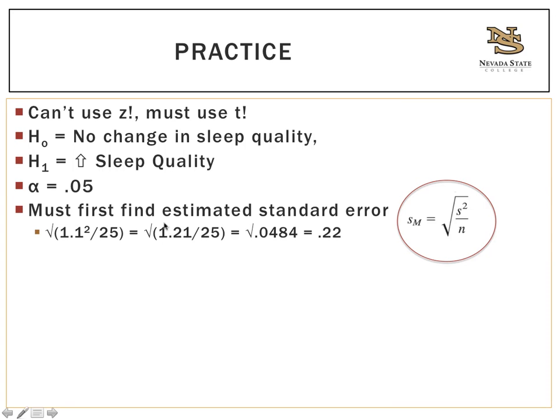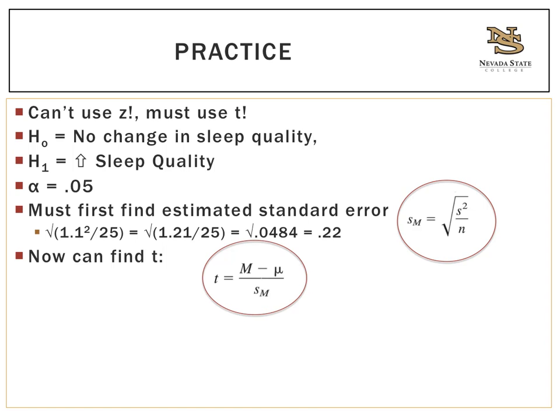If you take 1.21 and divide it by 25, you get 0.0484. And when you take the square root of 0.0484, you get an estimated standard error of 0.22.